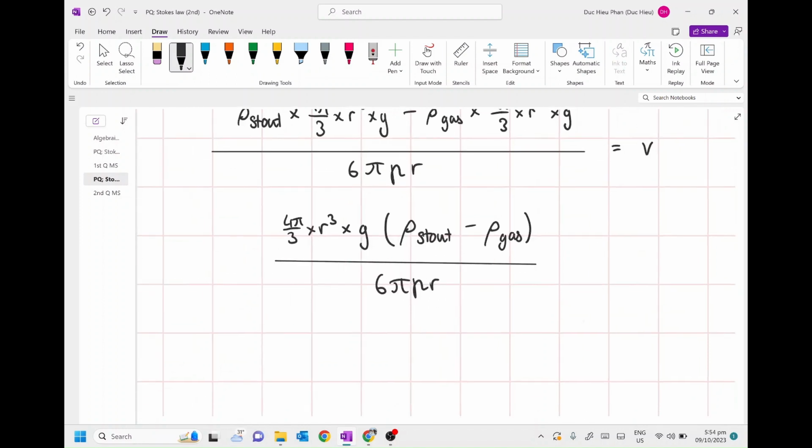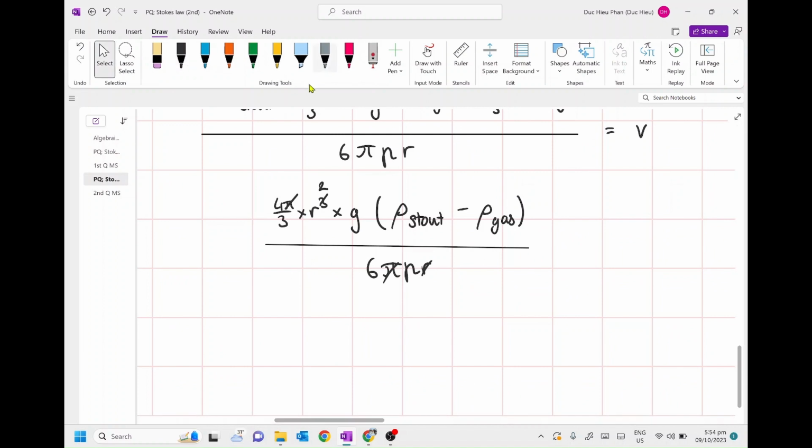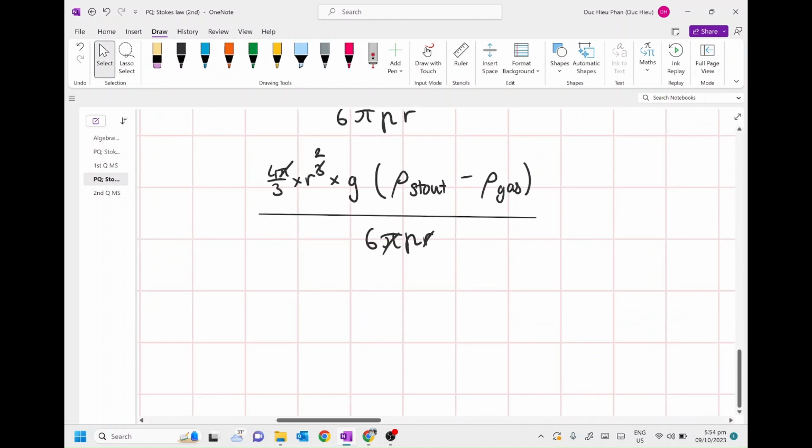And we can cancel some things out as well. So pi cancels out, r cancels down to r squared, and we can also take 4 over 3 divided by 6, which gives us 2 over 9. And you can check this with your own calculator by yourself.